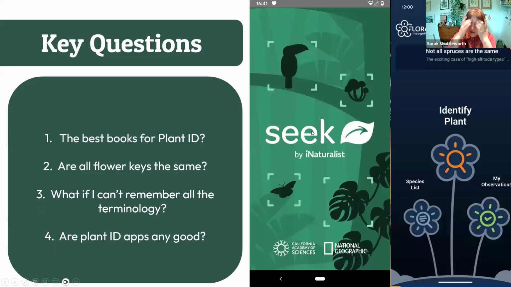Now, plant apps. So definitely are getting better and better by the day. My personal favourite is the Flora Incognita. And I actually do definitely use it myself, usually to confirm what suspicions I have, but I particularly use it when I go abroad because I'm often completely none the wiser about what I'm finding. But obviously, if you're very new and you're a beginner, then do have a word of warning: don't rely on them essentially.